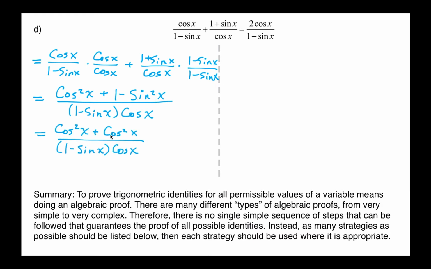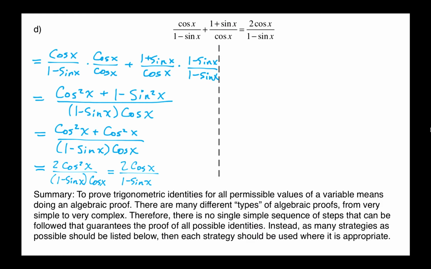I can replace that with cosine squared x. Now I have two like terms in the numerator. I can add those two together. And finally, I recognize there's a common factor of cosine x with the numerator and denominator that can divide out. And so here's what I'm left with, which is a match for what I have on the right side of the equation.